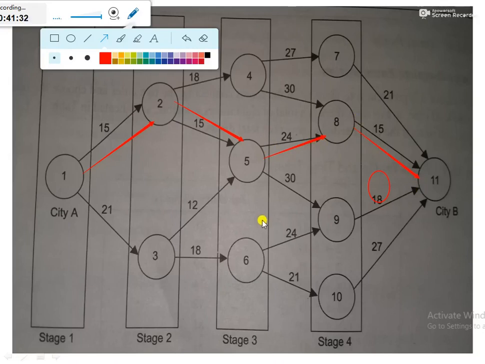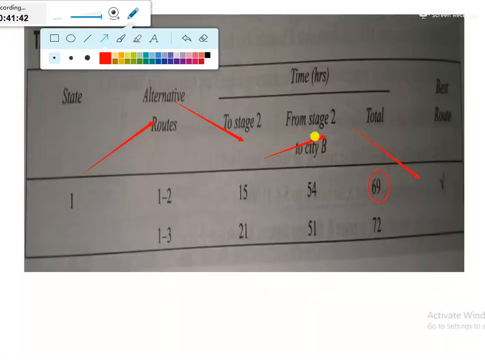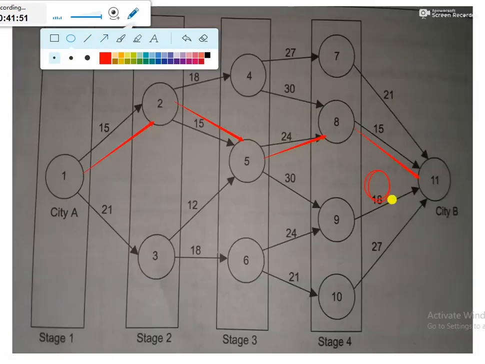So the total time taken would be 15 plus 15 plus 15, 45 plus 24, that is 69. So 69 hours would be the optimal time taken by the traveler while traveling from city A to city B.